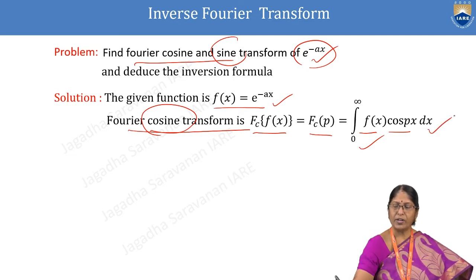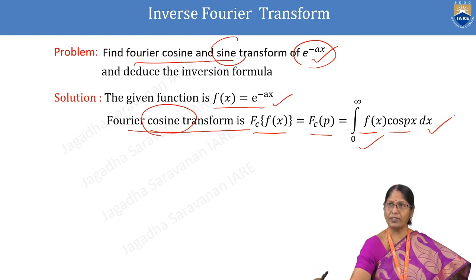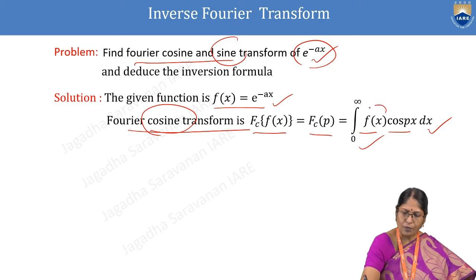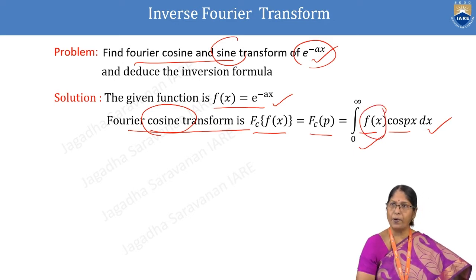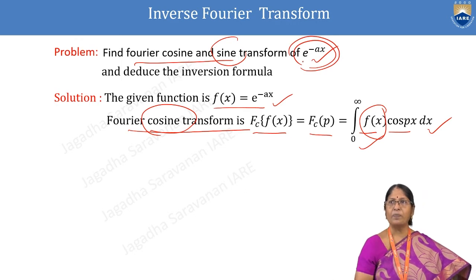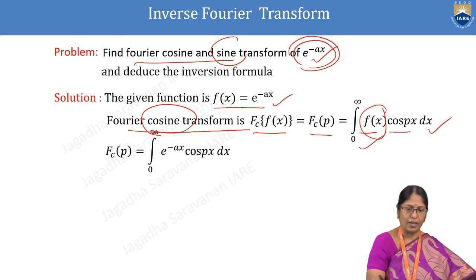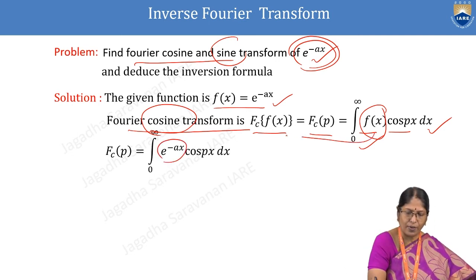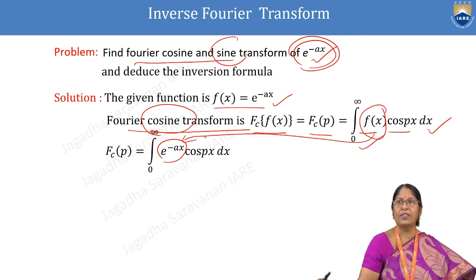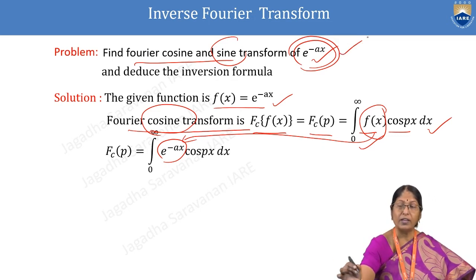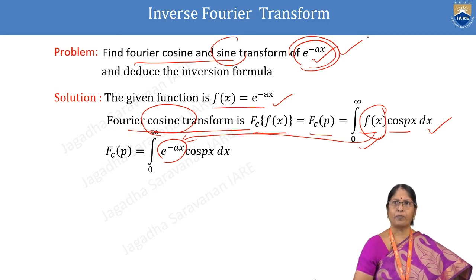We will do the integration with respect to x from 0 to infinity. Now this f of x should be replaced by the function e power minus ax given in the question.